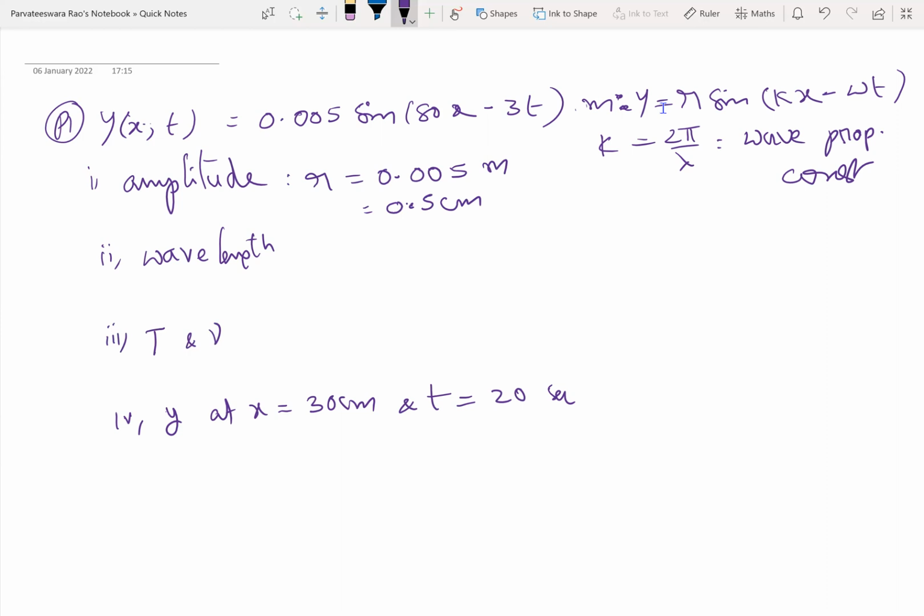Next, k is equal to 2 pi by lambda is equal to 80. So lambda is equal to 80 by 2 pi.